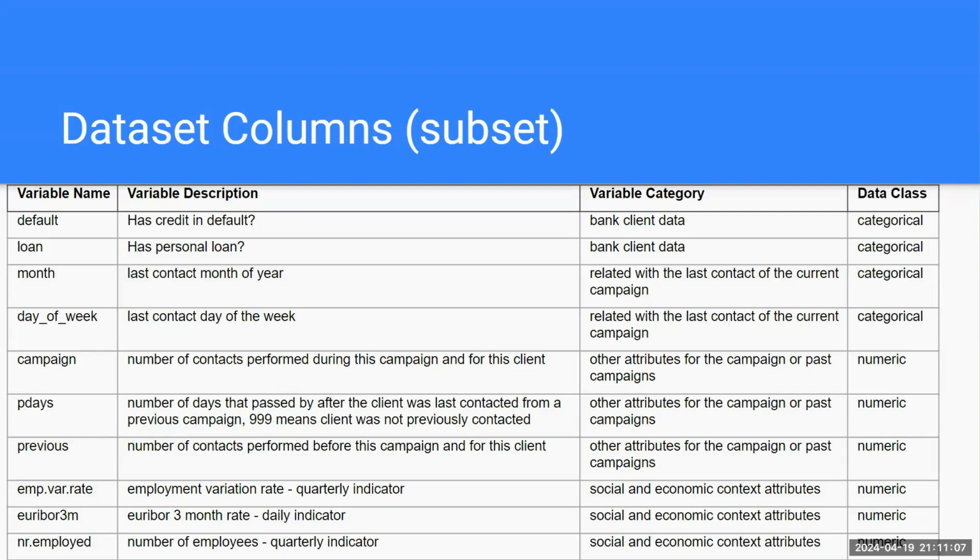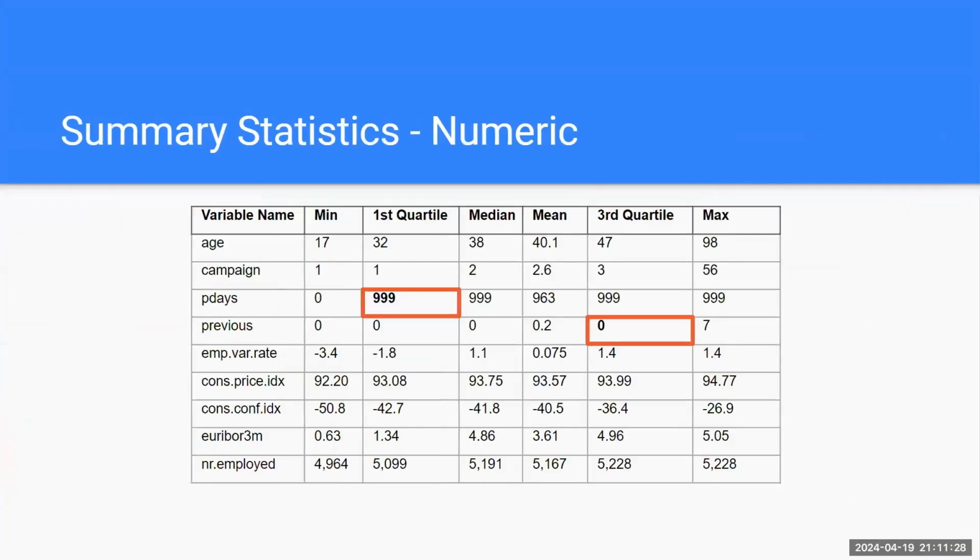Looking at campaign, pdays, and previous, these are other attributes for campaign or past campaigns. And lastly, looking at the employee variation rate, the year-over-3-month rate, and number of employees, these are more like social and economic context attributes. And so we'll move on to the next slide here.